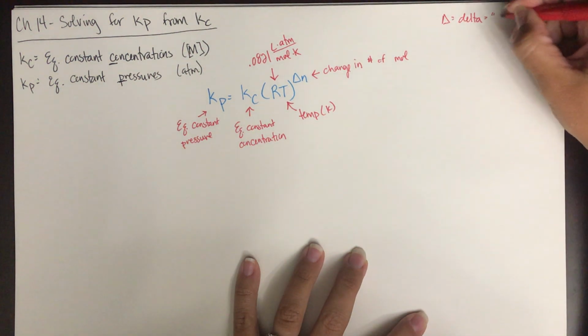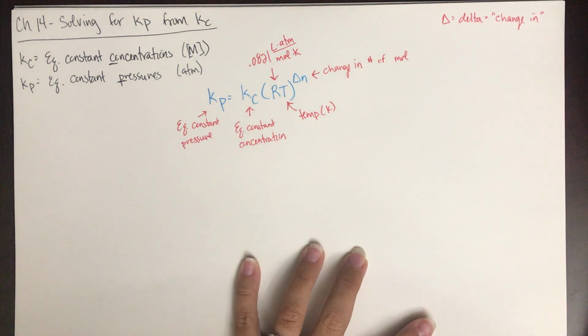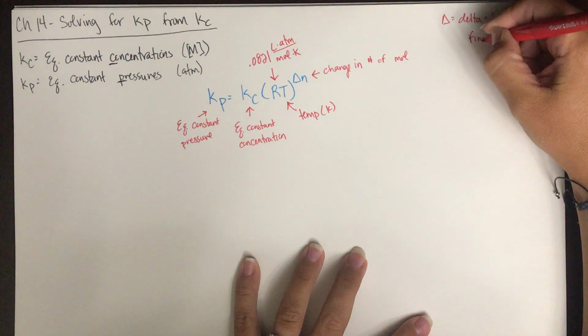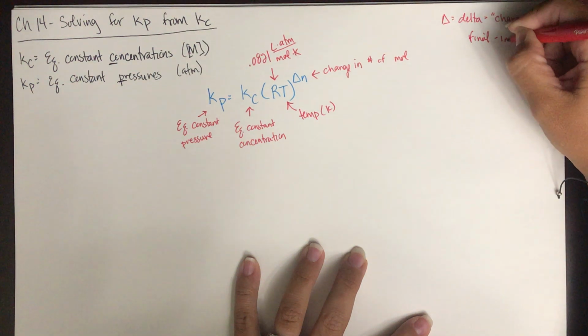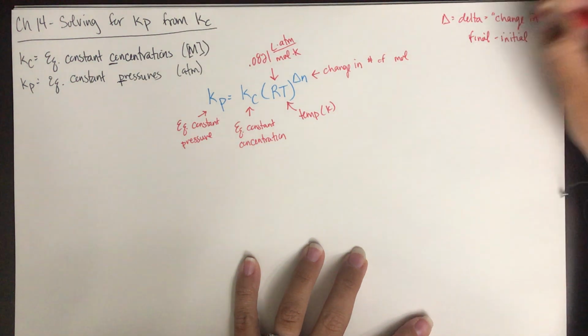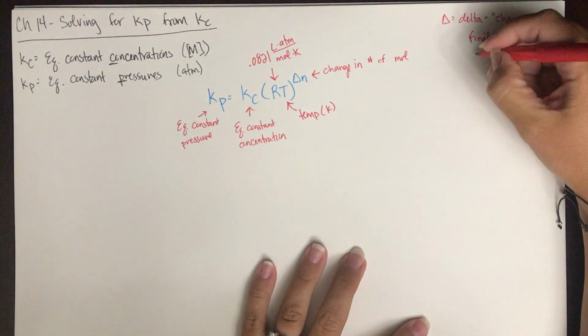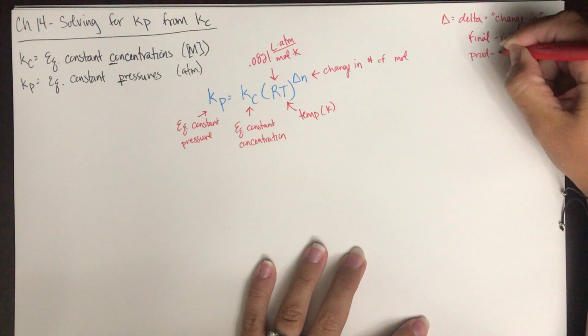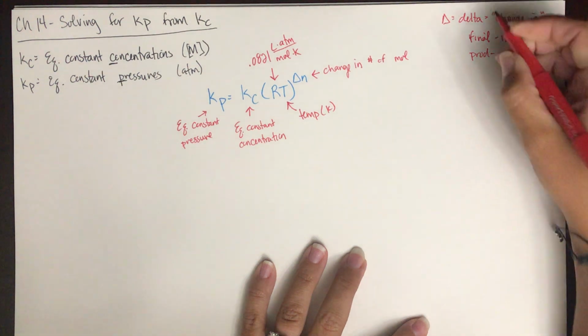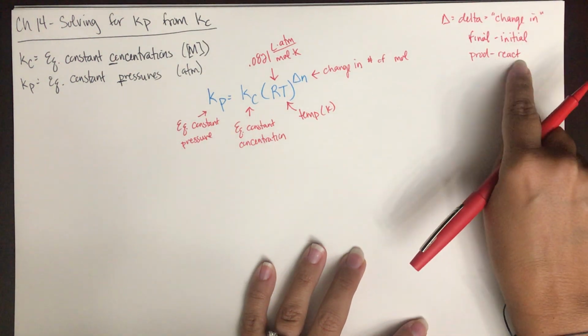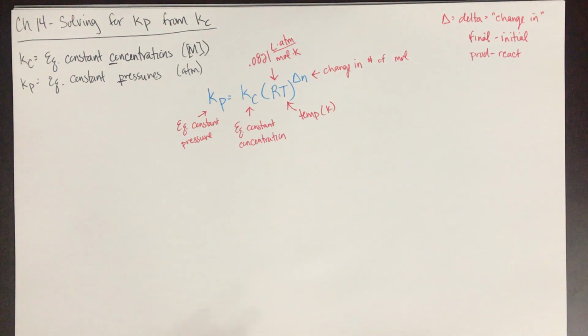It means change in, which is the same as saying final minus initial. And when we're looking at a chemical reaction, final is products, initial is reactants. So it's always products minus reactants. So it's going to be the number of moles in your products minus the number of moles in your reactants.